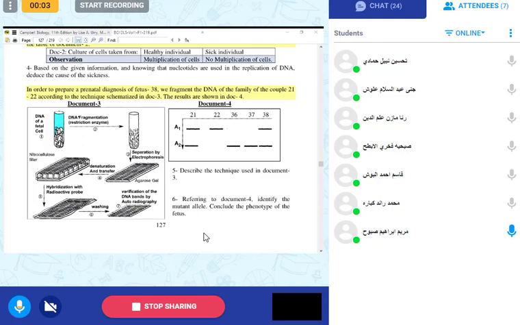Okay. Now look at 6, referring to document 4, the result.